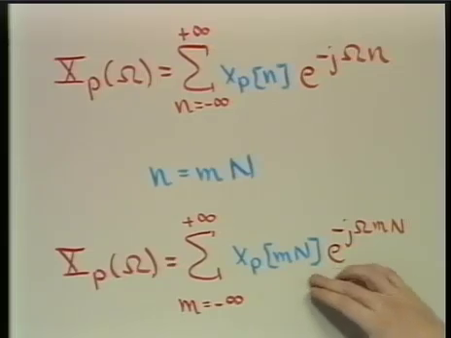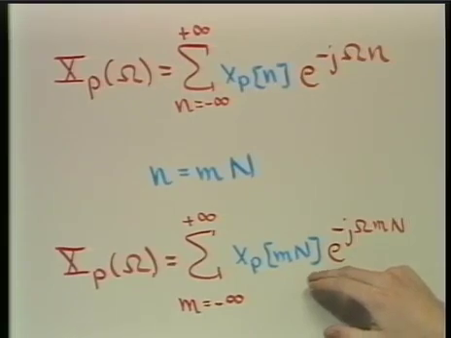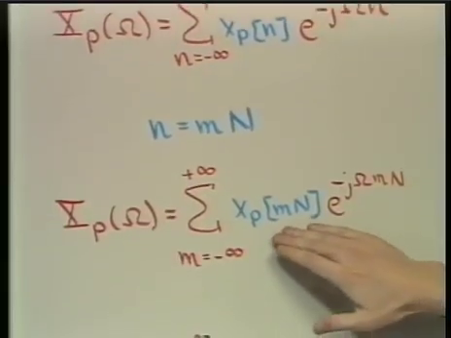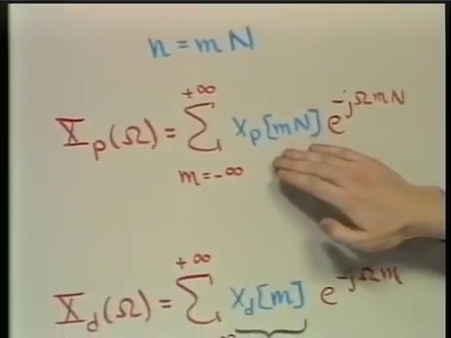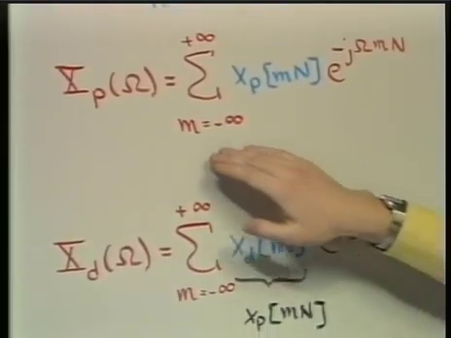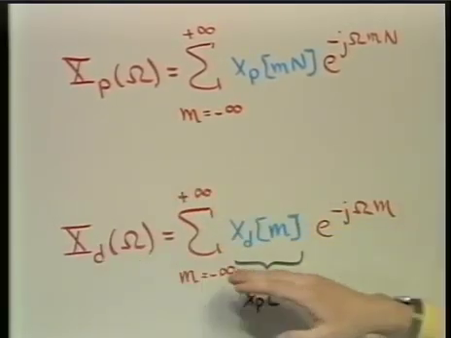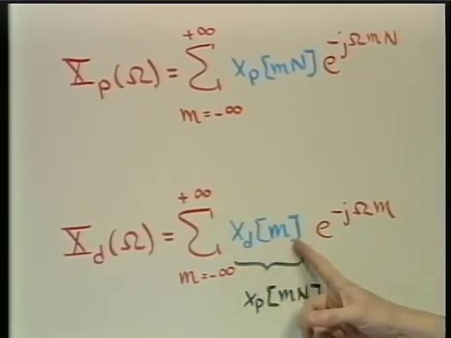And we've just simply used the fact that we can collapse the sum because all but every Nth value is equal to 0. So this then is the Fourier transform of the sampled signal. And now if we look at the Fourier transform of the decimated signal, that Fourier transform, of course, is this summation on the decimated sequence.